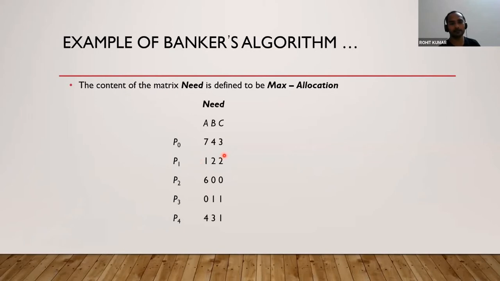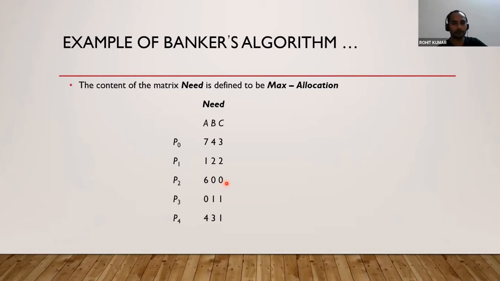Then 7, 5, 3 is the available vector, and P0, P1, and P3 are already executed. With 7, 5, 3, you can take the requirement of P2 or P4, either one. So okay, we take this one.